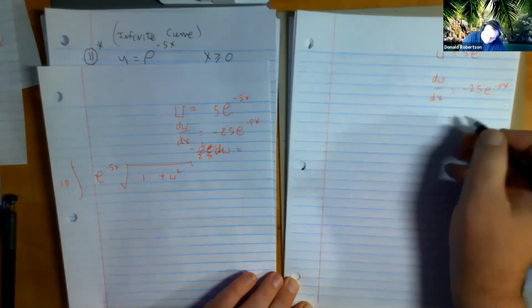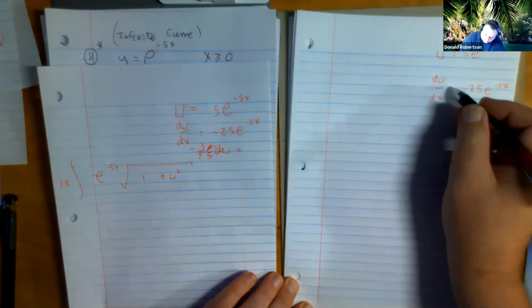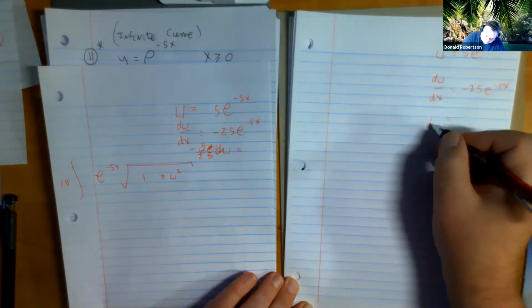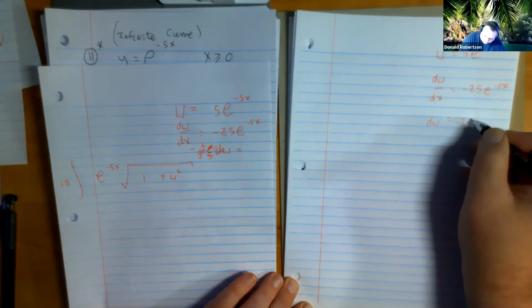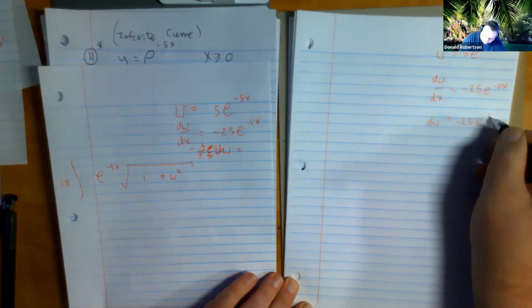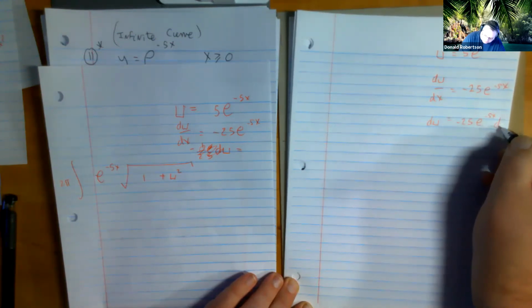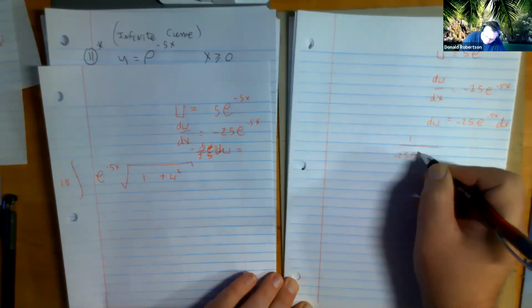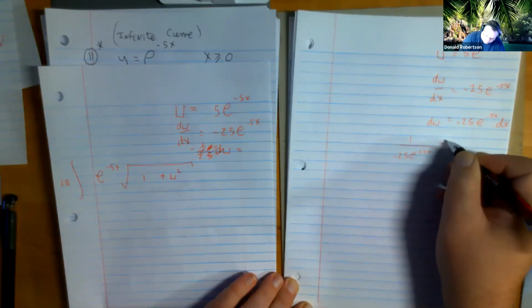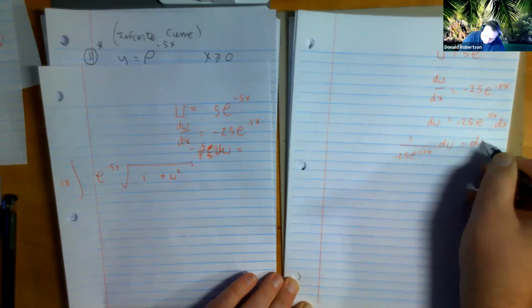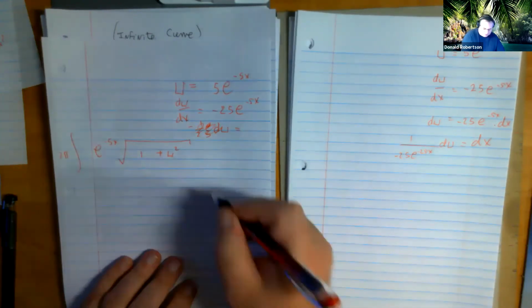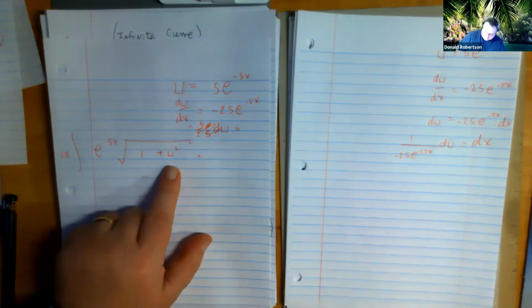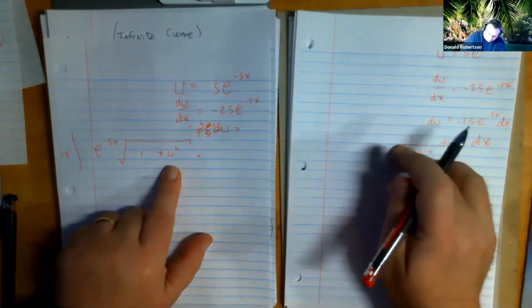If you do the crossover, you get du is negative 25 e to the negative 5x dx. And if you isolate it, you get your dx. So this fella here gets replaced by all of this.